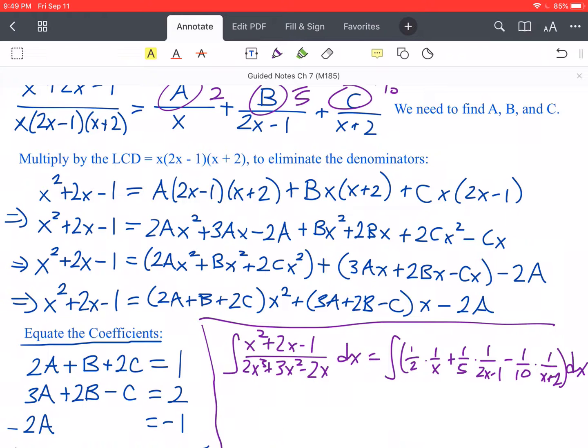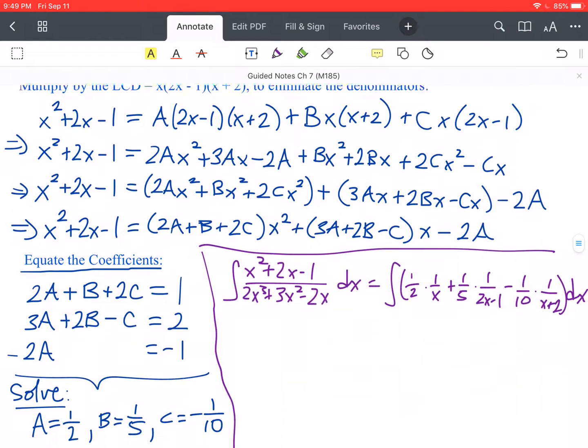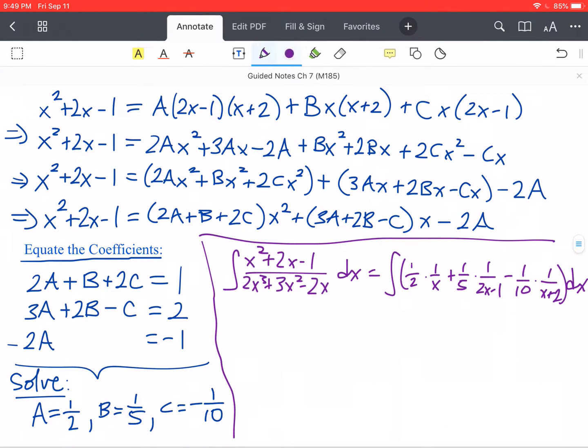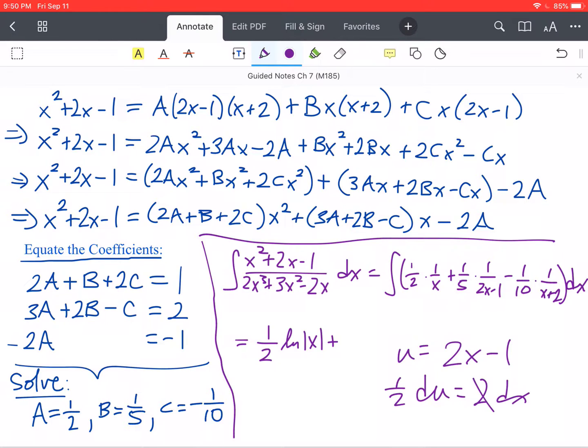And each of those terms can then be integrated. So we're going to get 1/2 times ln absolute value of x plus, now this would be 1/5, however, in taking the antiderivative of this, we have to incorporate the chain rule because it's 2x minus 1. You would do a u substitution here, your du would end up being 2dx, and then you would divide by the 2. So you would get an extra factor of 1/2 there.